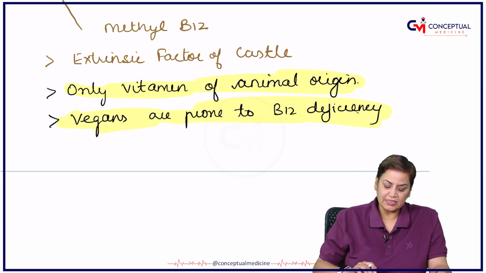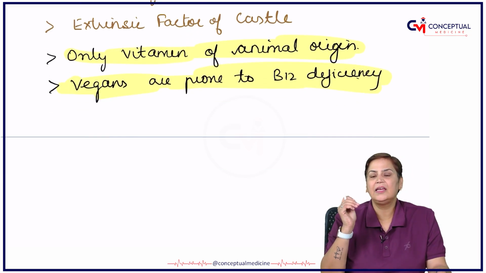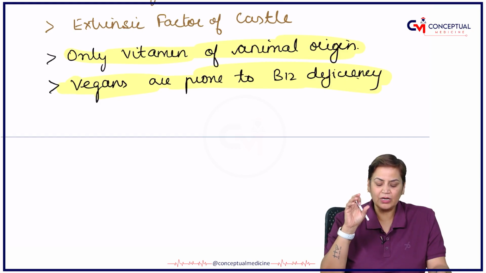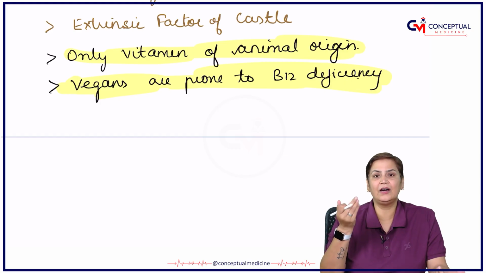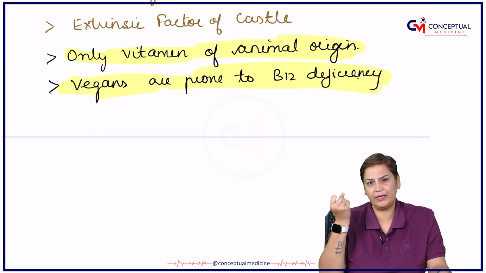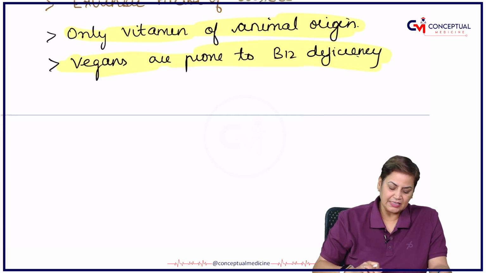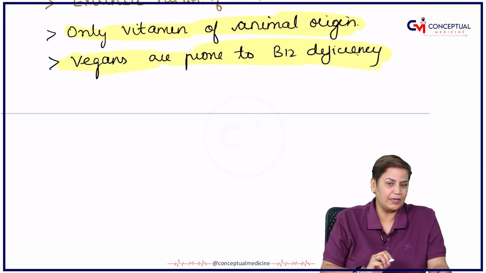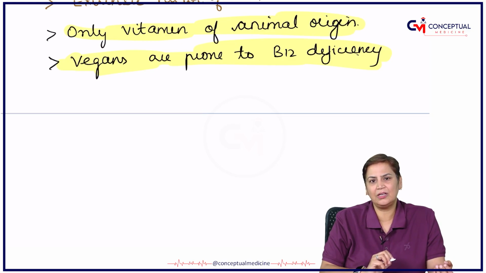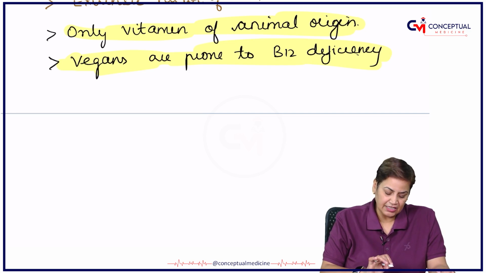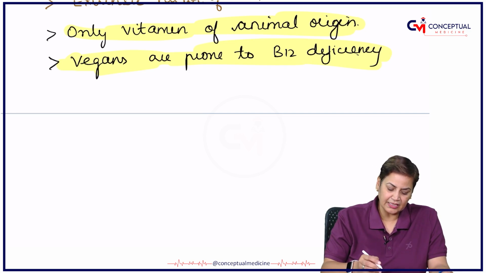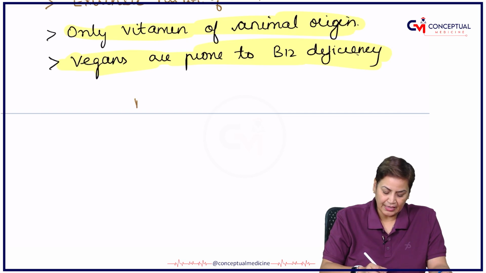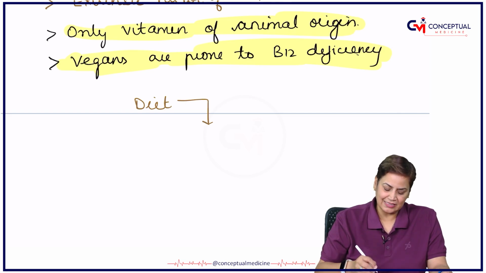Now coming over to how this vitamin is absorbed in the body. What are the various factors which play a role in the absorption of this vitamin? So now what happens is, this is always absorbed with a very special component, which is haptocorrin. Initially, because we are taking this vitamin from the diet, the moment it goes inside, it combines with a protein.